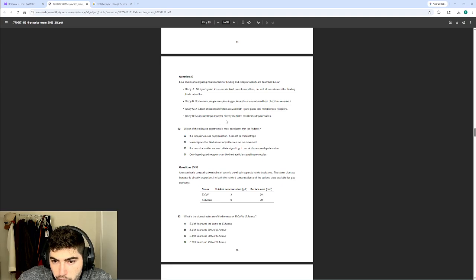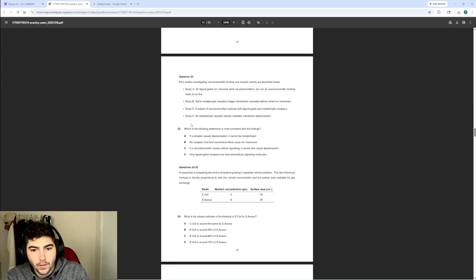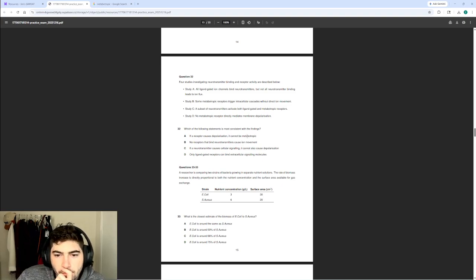No metabotropic receptor directly mediates membrane depolarization. And what the hell are they saying? If a receptor causes depolarization, it cannot be metabotropic. Then, is it A?